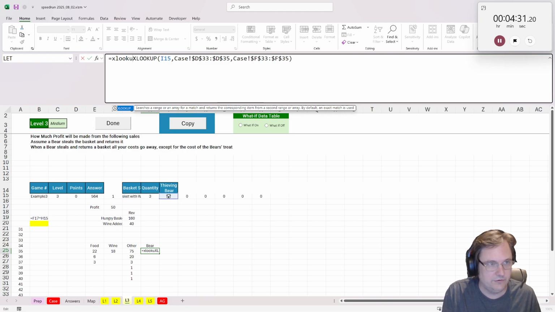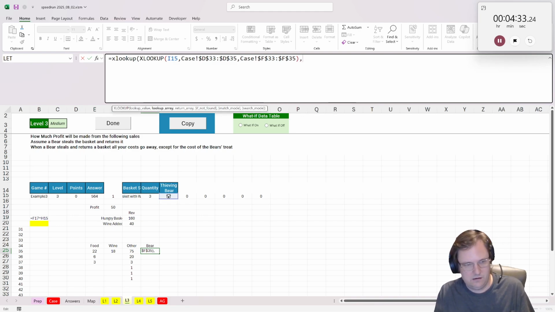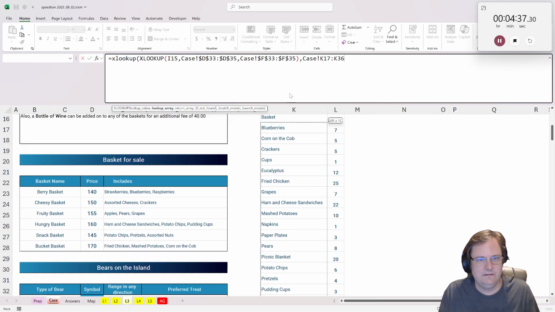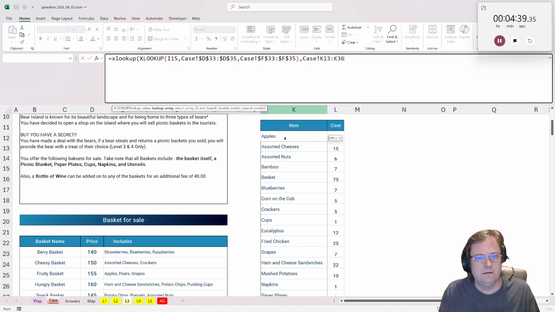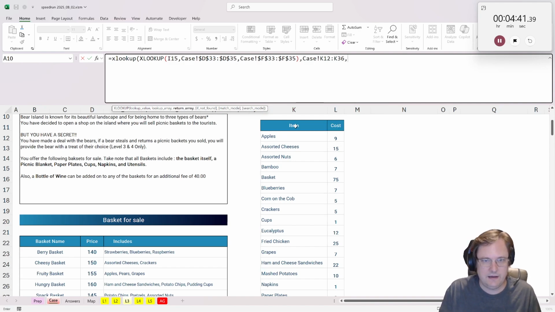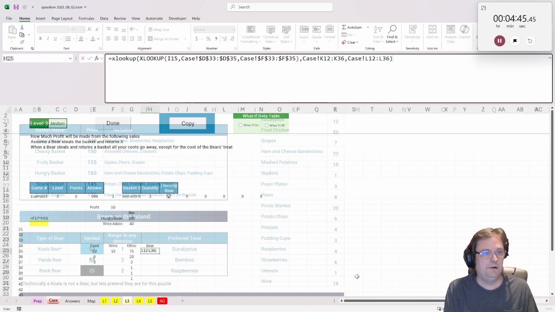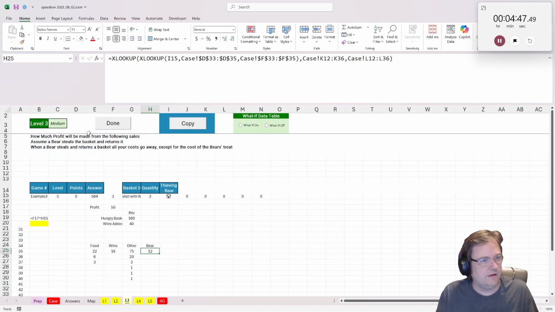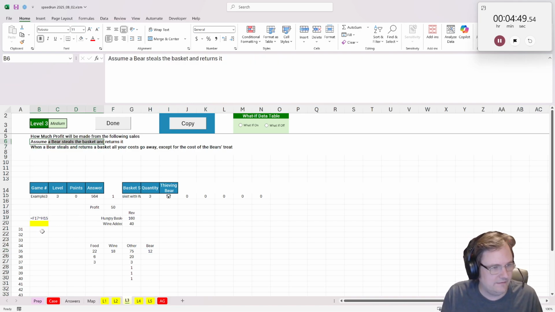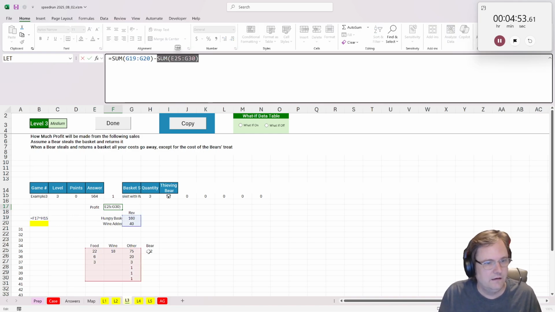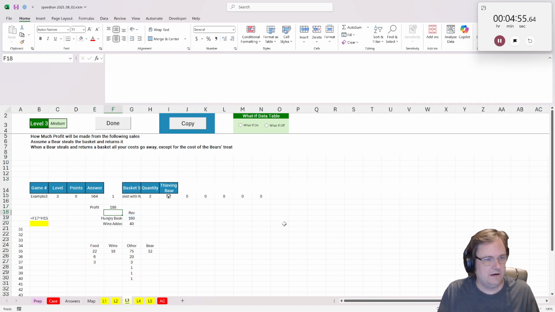Now I look up the treat on the cost list. So do this again. That is cost of the bear. Here it says the bear is always going to steal it, right? So my profit then is that minus the bear cost, right?